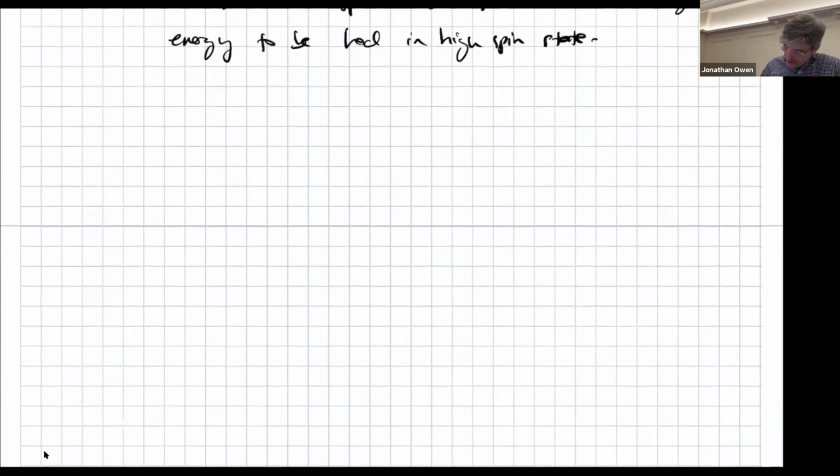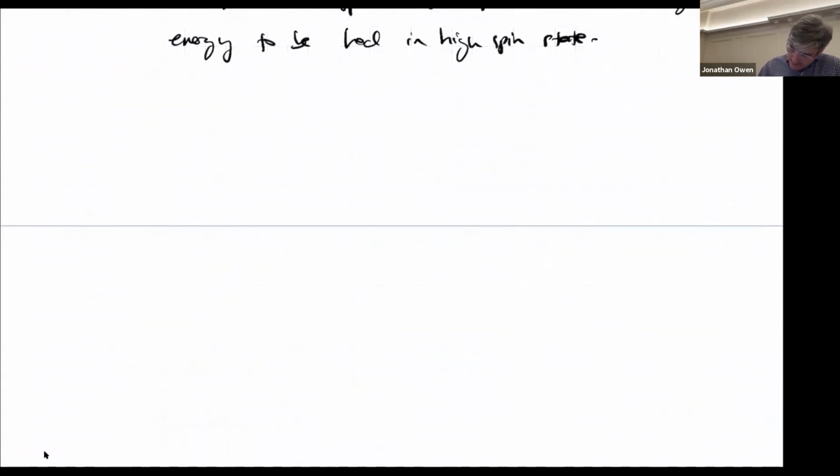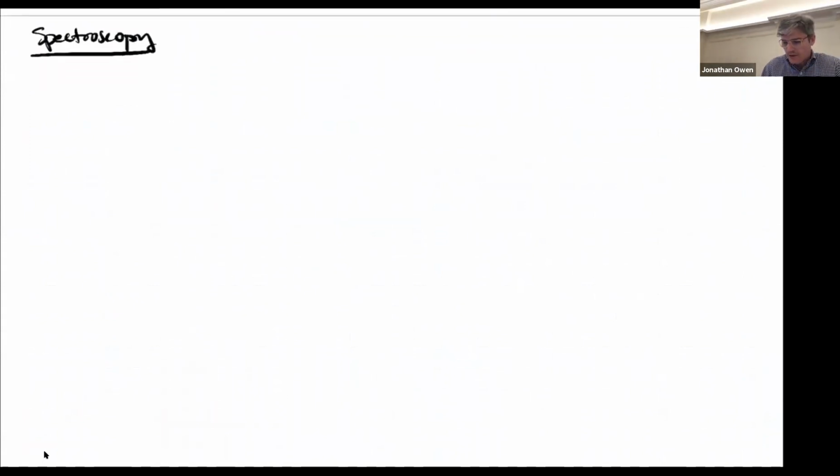All right, so let's see here. Let's talk spectroscopy. So we're talking optical spectroscopy now. And there are a couple of types of transitions that are of interest.